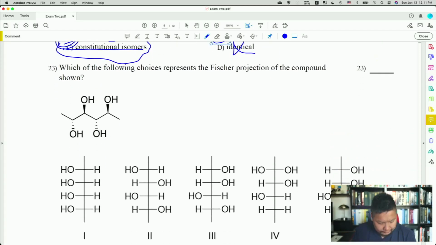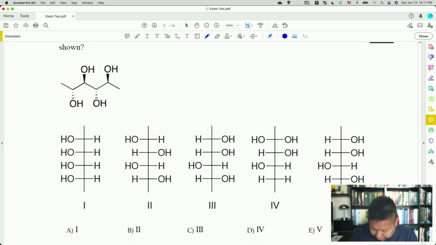Next, which of the following choices represents the Fischer projection of the following compound, right? Well, this is again one of those things where none of these actually fit the structure drawn, okay? The one that you may think fits it is this one.